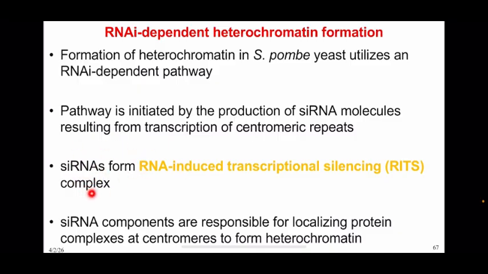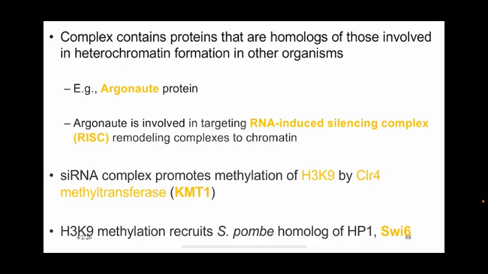This complex will bind to the region where we want to silence or form heterochromatin, and the siRNA component of the complex is responsible for localizing the protein, or detecting the specific part where the complex is going to bind. When it binds, it recruits DNA methyltransferases and histone methyltransferases, and these are going to promote the formation of heterochromatin.